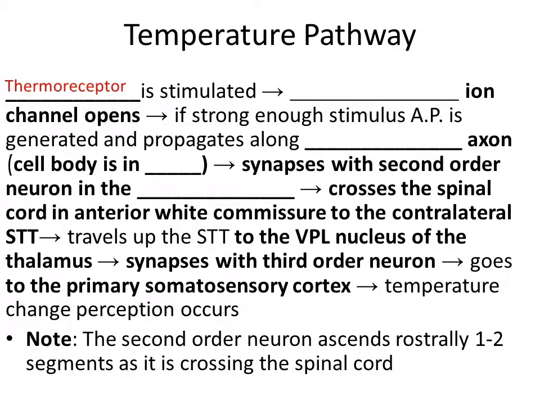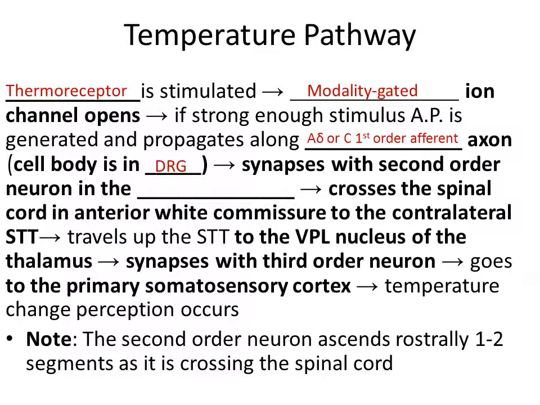So filling in our blanks, we have a thermoreceptor now instead of a nociceptor. Still opening modality-gated ion channels, operating on A delta or C first order afferents, with a cell body in the dorsal root ganglion. They're going to synapse with a second order neuron in the dorsal horn of the spinal cord.